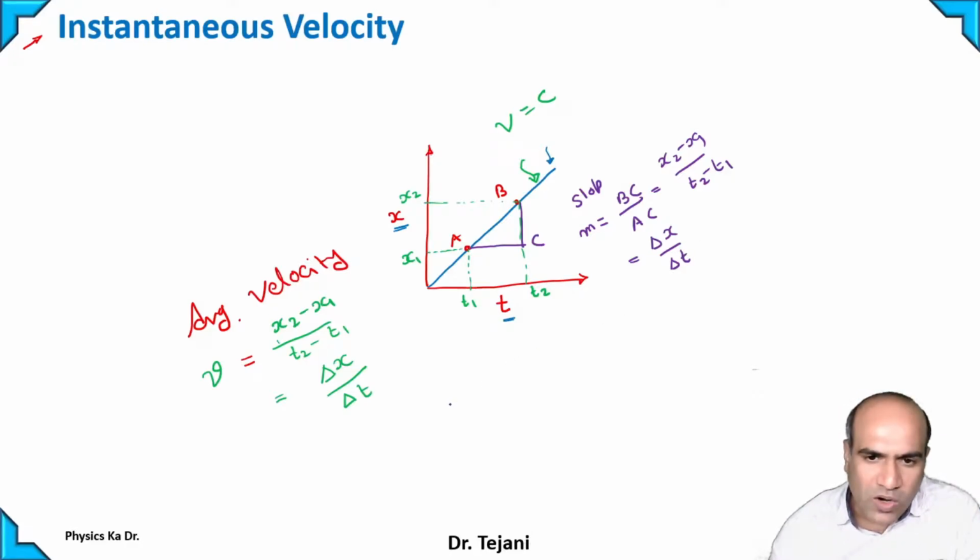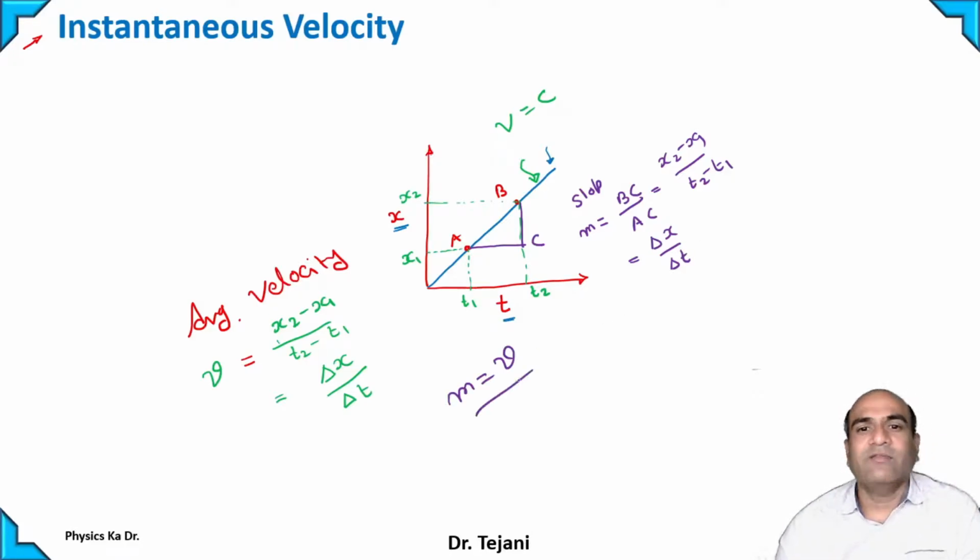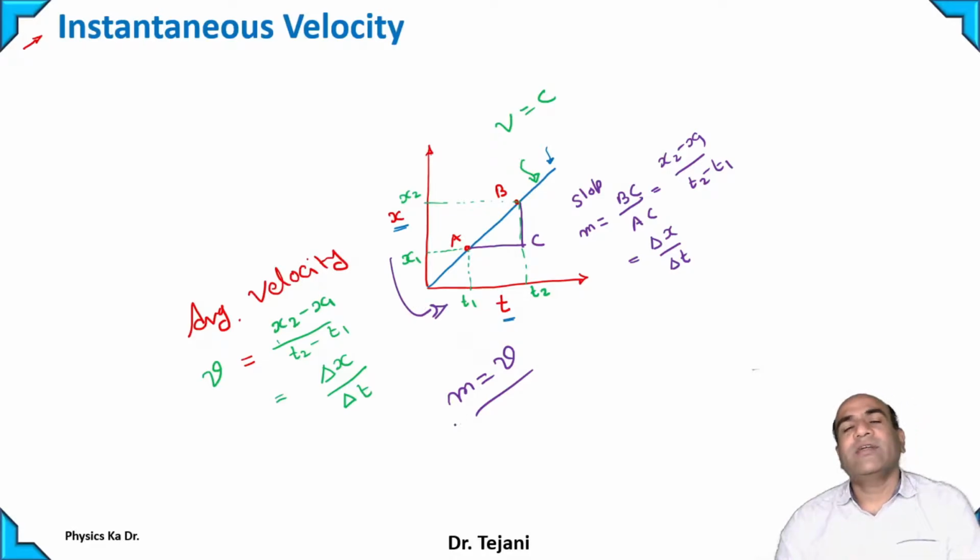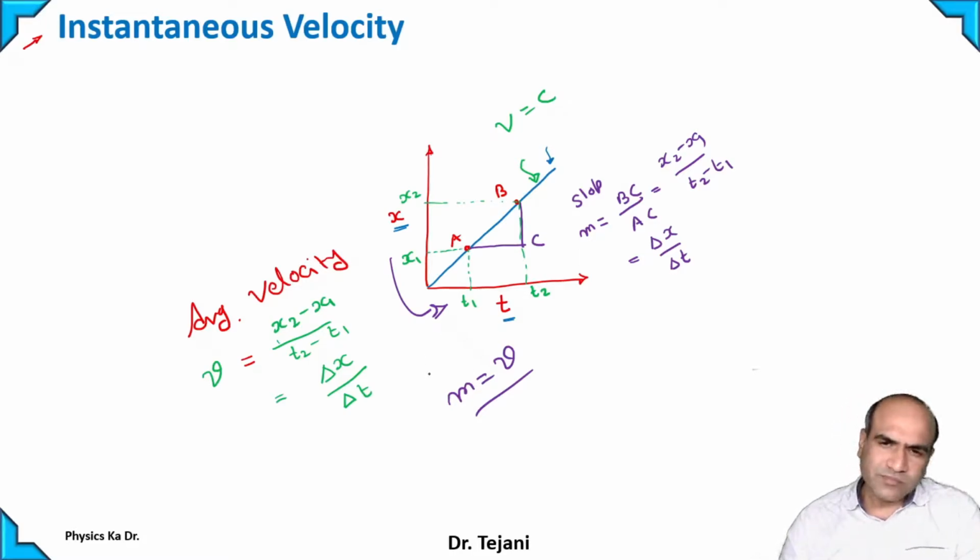And therefore slope is velocity. When we plot a graph of x versus t, slope gives us velocity. Remember this, slope gives us velocity. We will understand this again at the time of graph evaluation, but this is very important for that.